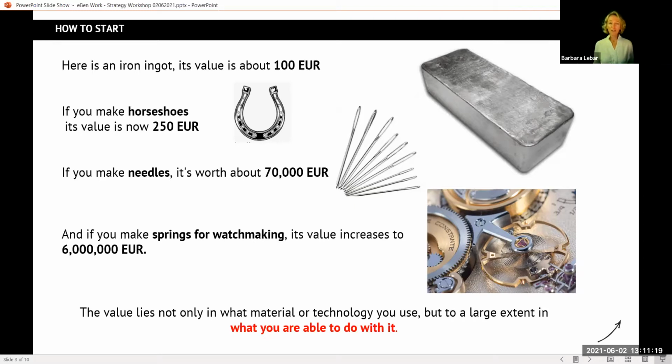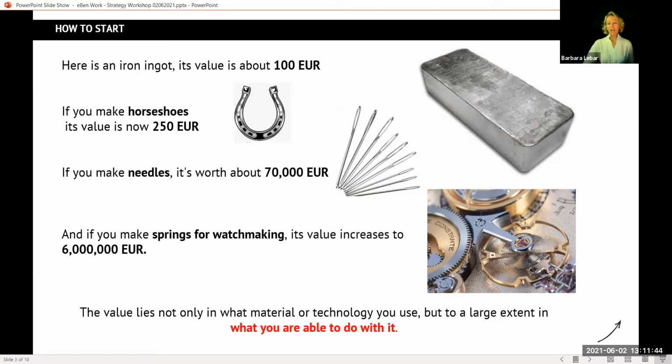Always think about what everything we can do out of the certain knowledge, technology, assets that you have, the people as well, the resources that you can collect together, because we see that the value created at the end can be so different.